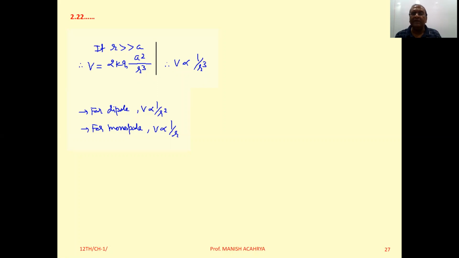And for a monopole, meaning any one point charge, the potential is kq by r. So in that case, we can say the potential is proportional to 1 upon r. Clear to all of you?